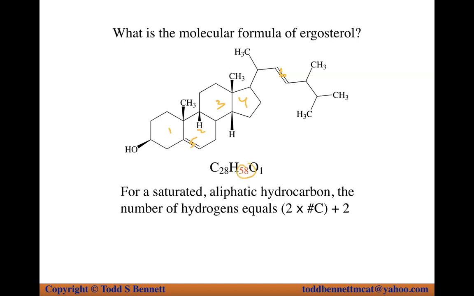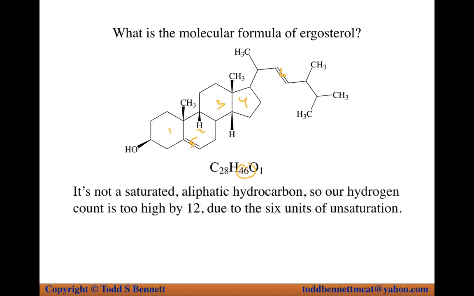So this number here is off by 1, 2, 3, 4, 5, 6 times 2. It's off by 12, meaning I've overshot it by 12. So it's 6 units of unsaturation, which means it's too high by 12. So it's actually 46. So this formula is C28H46O. The 1 I don't have to put there. I'm going to get rid of it.